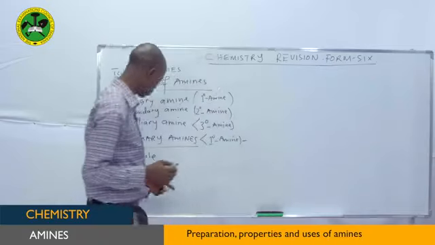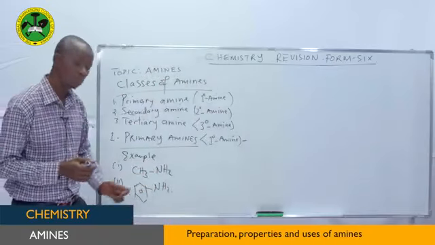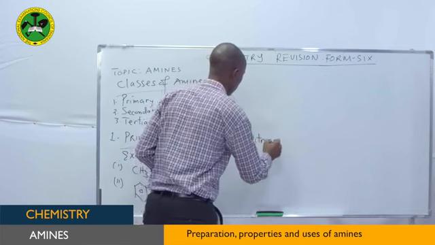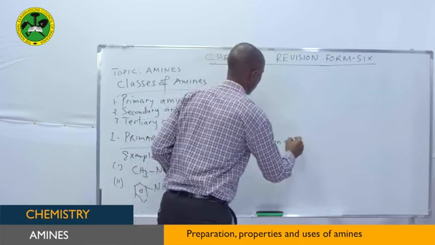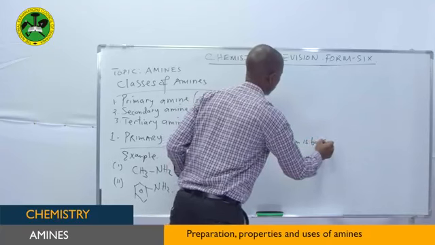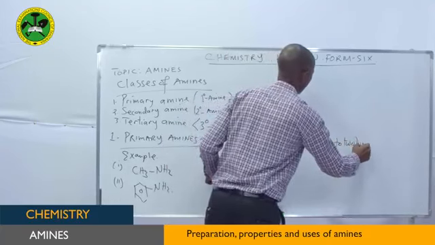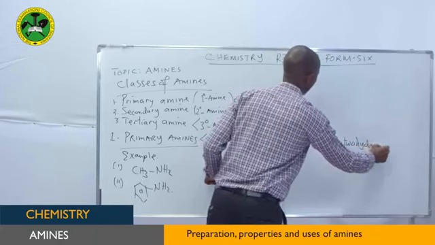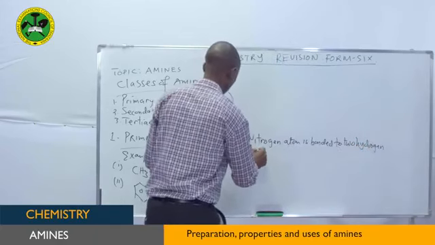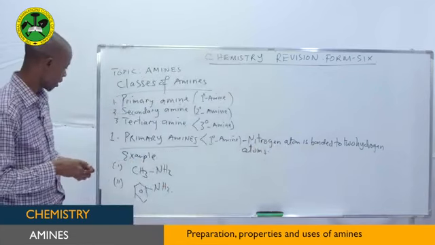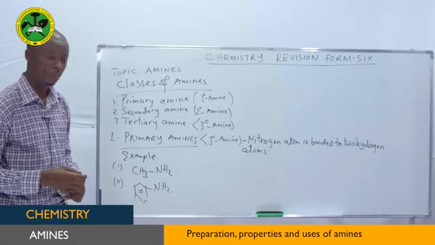So here, the nitrogen atom is bonded to 2 hydrogen atoms. As you can see, this is primary amine.